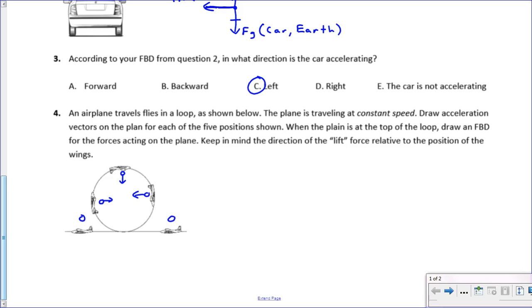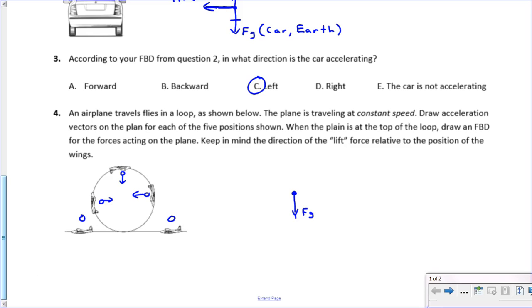Now for the FBD, there are a few things here. First of all, gravity is pointing down. We're looking at that plane that's at the top position here, by the way. So Fg is going downward. And also, normally on planes, there's a lift force, which helps to lift the plane upward.